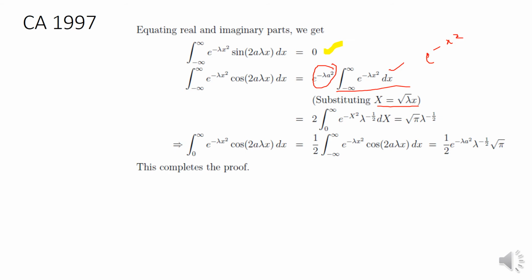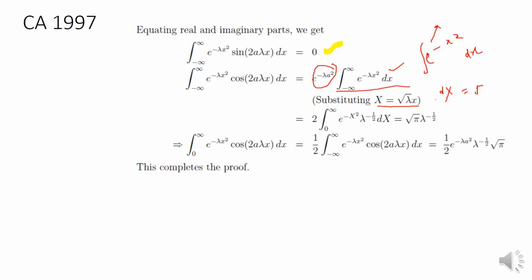So here, if the limit is 0 to infinity, then we can integrate it. Otherwise, if it is positive, we would have the error function. The same thing here also, we can expand it and then integrate, but here we put capital X is equal to under root lambda x.